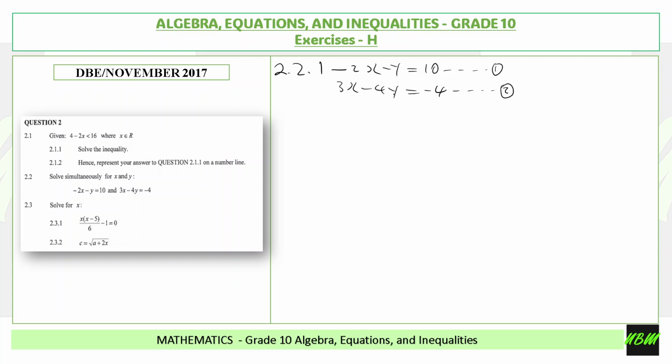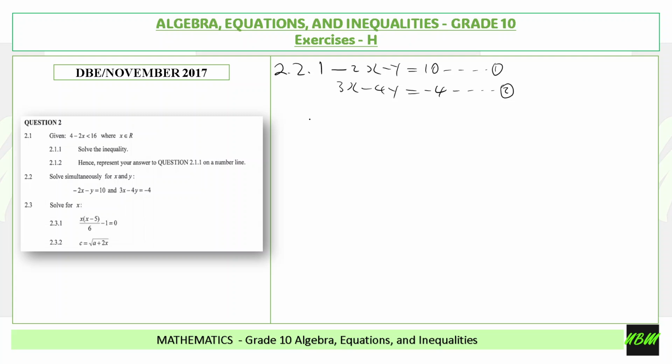And here the coefficient of y is -4, here the coefficient of x is 3. But with this one, the coefficient of x is -2. So we want where the coefficient of either x or y can be either +1 or -1. Then we say that will be the simpler equation to manipulate.